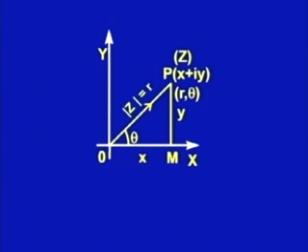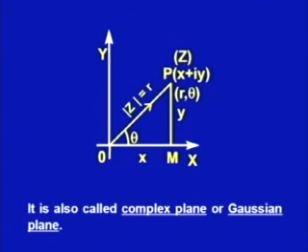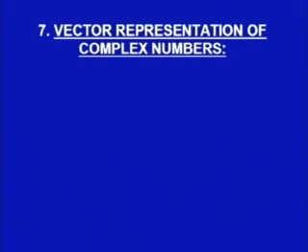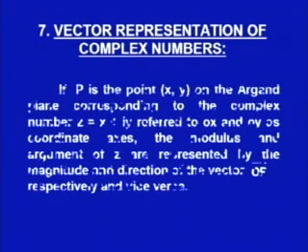So, the complex number can be represented on the Argand diagram in terms of x and y, the real and imaginary parts, and in terms of the modulus and argument r and theta. This two-dimensional plane is also known as the complex plane or Gaussian plane. Then we can take the vector representation of complex numbers.